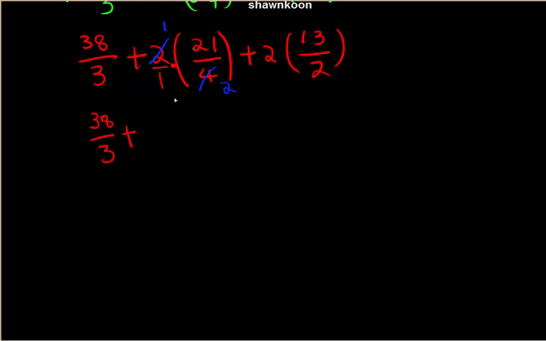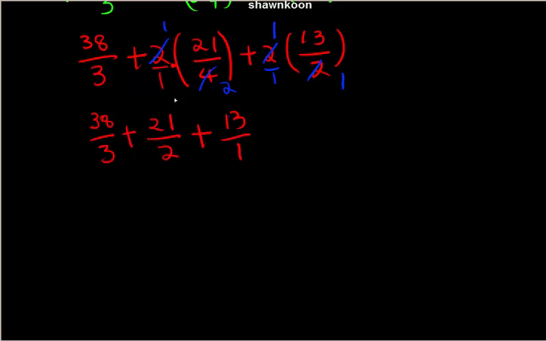So we can write this one as 21 over 2 plus, and this one's the same too. It's over 1, so we can divide these two. 2 goes into 2 once, 2 goes into 2 once. So this is the same thing as 13 over 1, right?